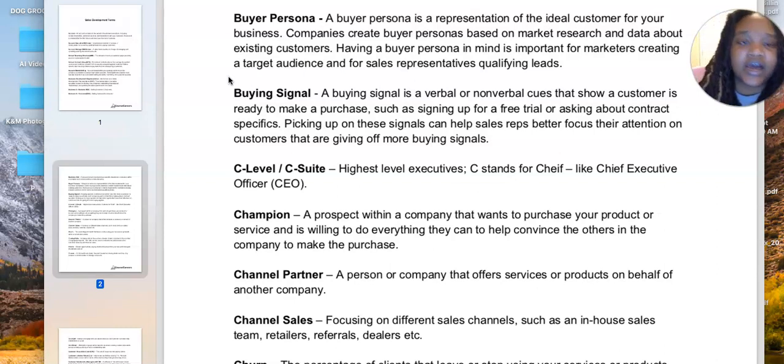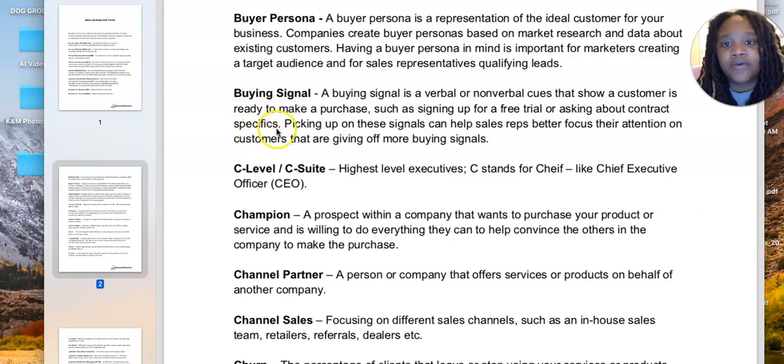So essentially, I like to think of buyer persona as the people who would benefit the most from the product or service that you have, and who would spend that money on it. So when I think about buyer's persona, I'm thinking, who in that company has the money, and who can benefit the most from the product or service and has the money to pay for it.